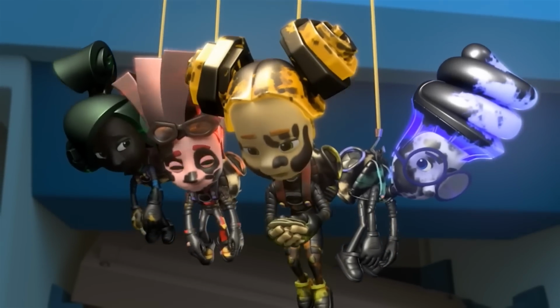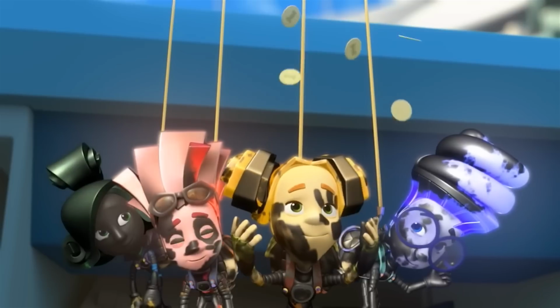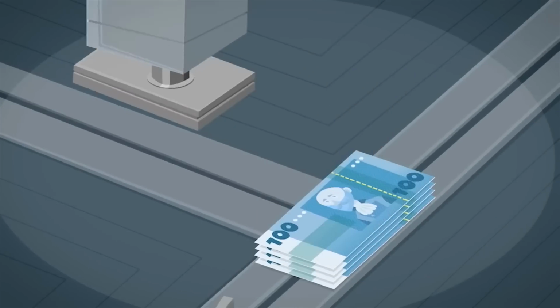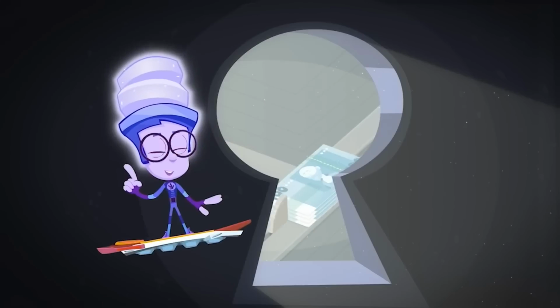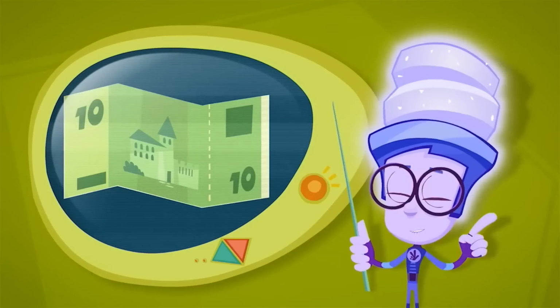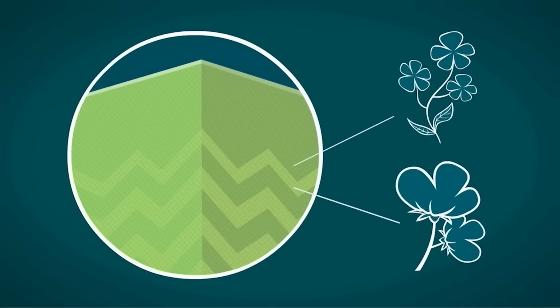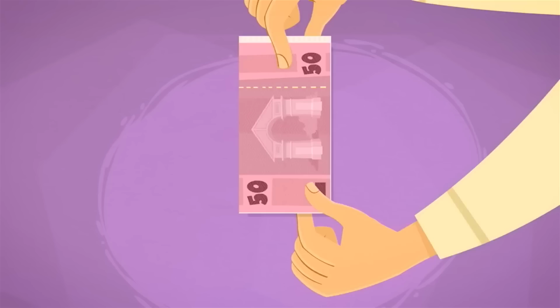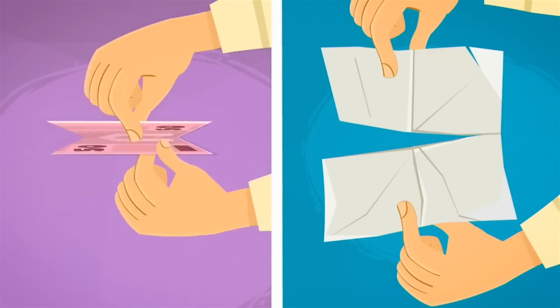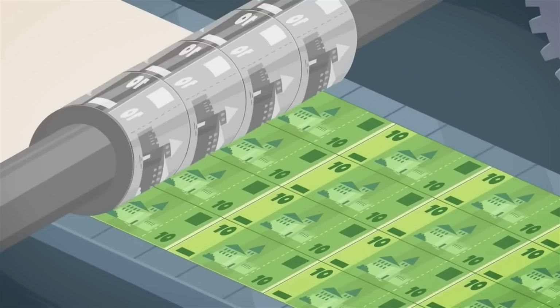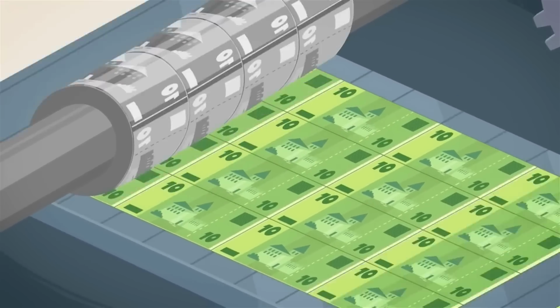Money is nothing more than just paper. Although money is printed in strict secrecy, we still know something about the process. The paper used for money is made out of cotton and linen. It's stronger than normal paper made out of wood, which means it doesn't rip as easily, even if you fold it thousands of times. The ink used for printing money is special too.